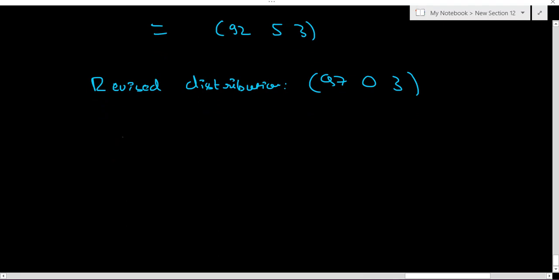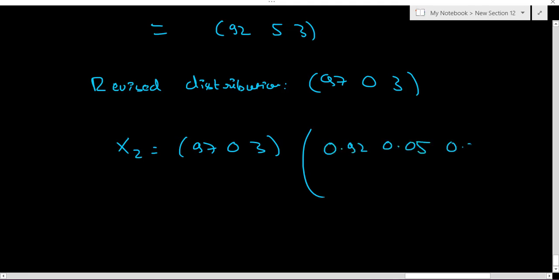Now I can calculate x2, which would come out to be 97, 0, 3, and I'll multiply it with 0.92, 0.05, 0.03, 0.05, 0.85, 0.1, 0, 0, 1.